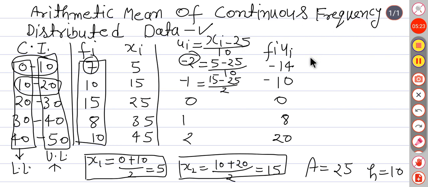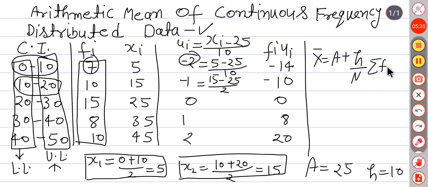The formula for the arithmetic mean when the step deviation method is used is a plus h upon capital N summation over fi ui. The assumed mean is 25, h is 10, and capital N, if you add them all, will come 50.